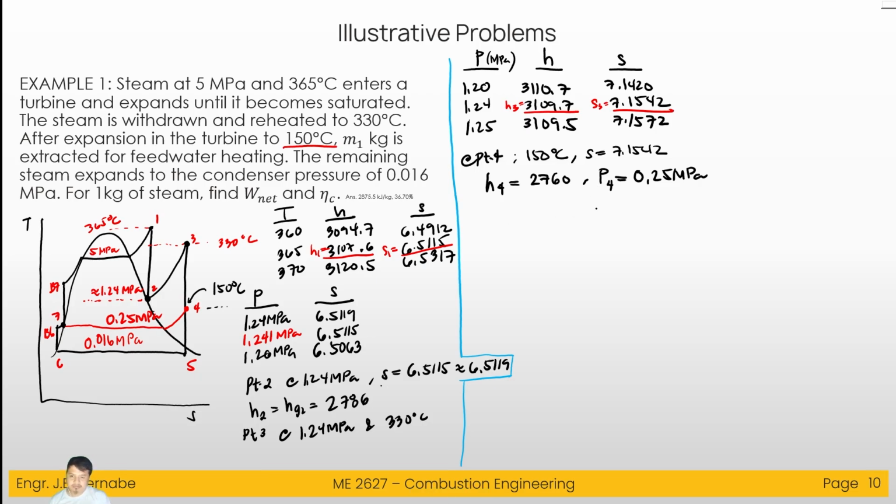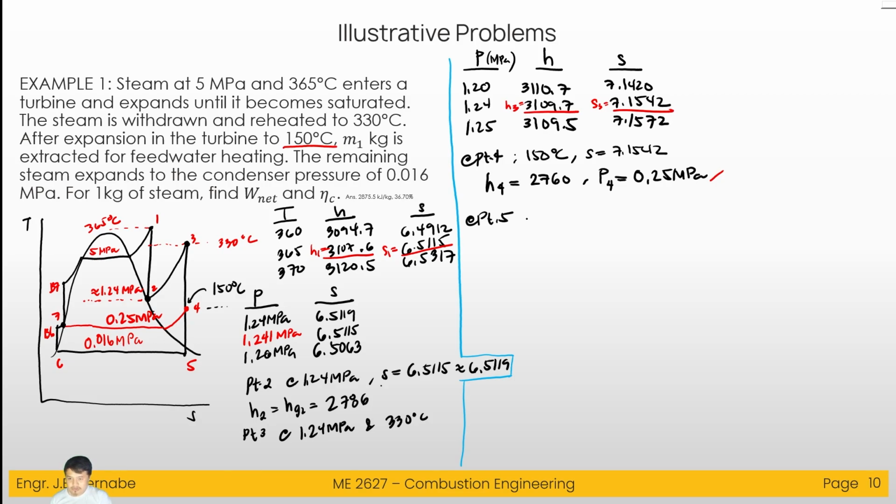How about for H5? I think we didn't really check this pala sa table kung nasa saturated region, no? But anyways, based on the molar diagram, it is actually in the superheated region, no? So tama naman yung assumption natin. So 4.5, what we need to know is this in the saturated region?